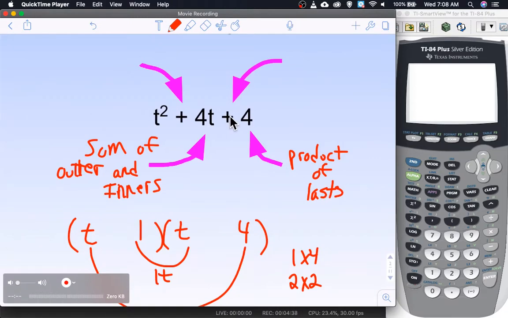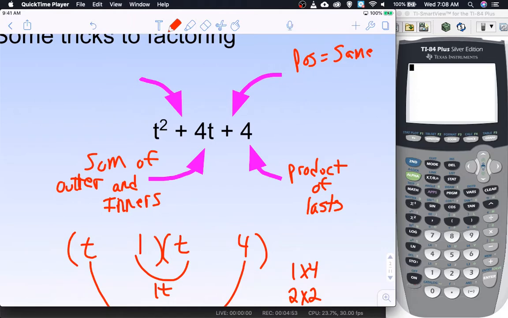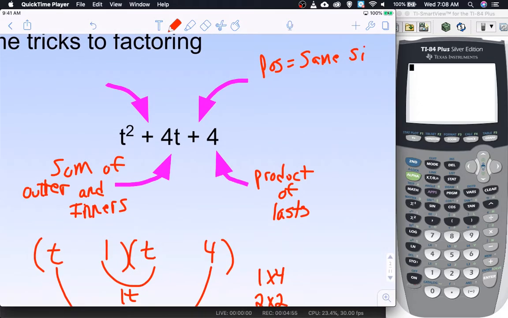The sign here, this will tell you whether these two numbers have the same sign or different signs. If it's positive, they have the same sign, which means they could both be positive or both negative. If it's a negative, they have different signs.